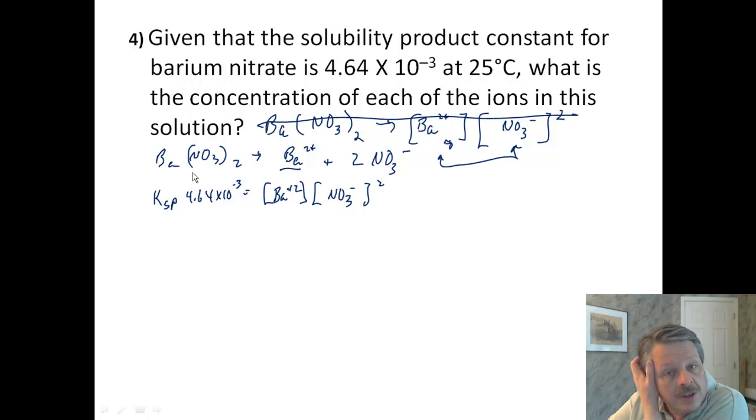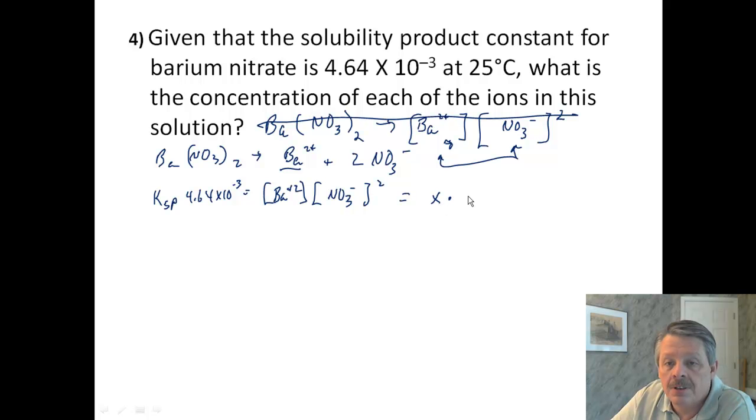So this number is going to be X times (2X) squared. That's equal to X times 4 times X squared, which is equal to 4X cubed.